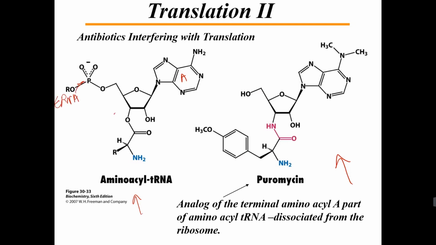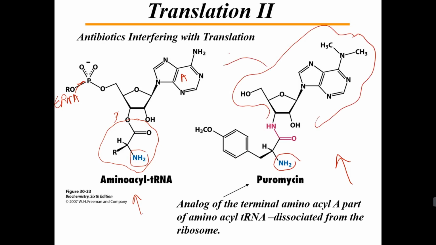And remember our 3' hydroxyl that has our specific amino acid that's attached. We notice that there's similarities in that we have an amino group here, and also in puromycin. We have this terminal end region, kind of looks similar to what we see with that adenylate that's hanging off the tRNA, but then we also have an additional structure here.